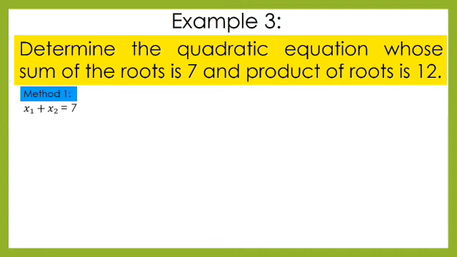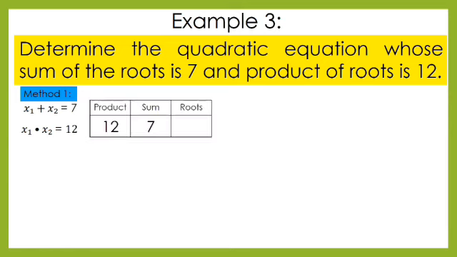The sum of the roots is 7, while the product of roots is 12. We will find the factors of 12 whose sum is 7. These are 3 and 4. 3 times 4 is 12. 3 plus 4 is 7.